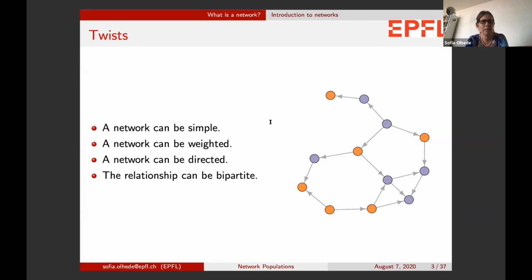We're going to have simple networks. We can also have a direction to the network. I might send an email to you, and so a relationship exists. Like you might never email me because you're unsocial, I don't know. And then we can also have bipartite networks where we have two different types of nodes. But we're going to stick with simple networks. And the thing to remember is really the concept of the entities that are related, which are vertices or nodes, if you prefer, and the edges between them.